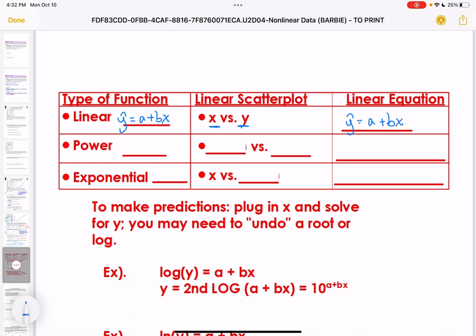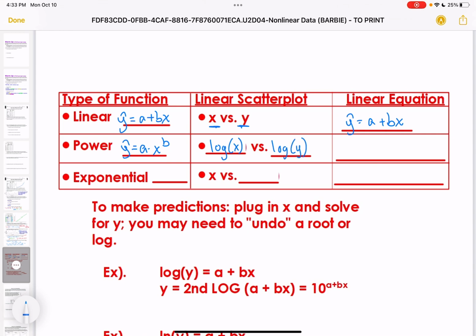But things are changing for what's called a power function and an exponential function. A power function would be something along the lines of y hat equals a times x raised to the b power. And if we want to convert anything that's a power function, we're actually going to need to take the log of both the x and the log of the y values.